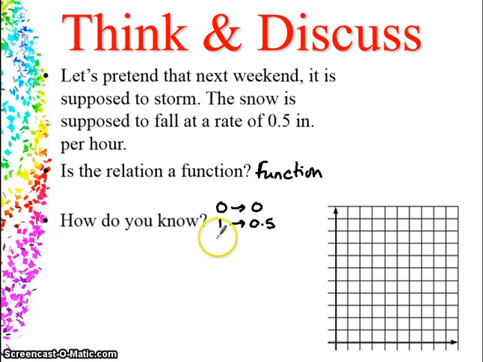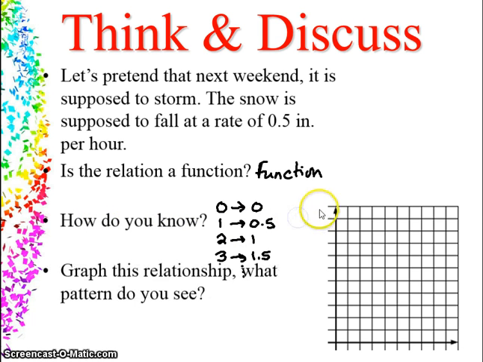If it snowed 2 hours, there would be 1 inch. If it snowed 3 hours, there'd be 1½ inches, and so on, with each input resulting in one and only one output. So how do we know? Each input has one and only one output.